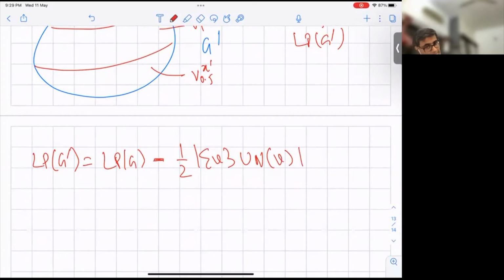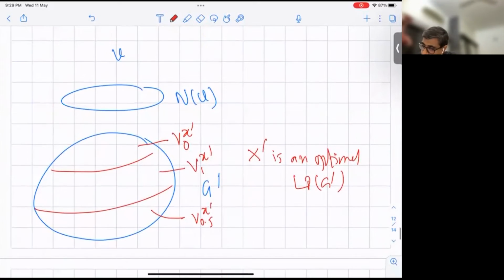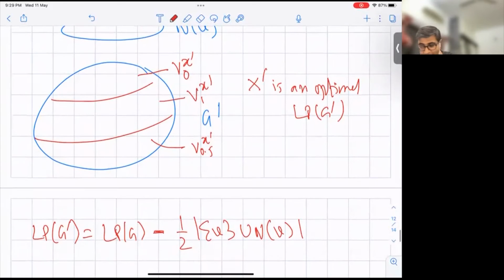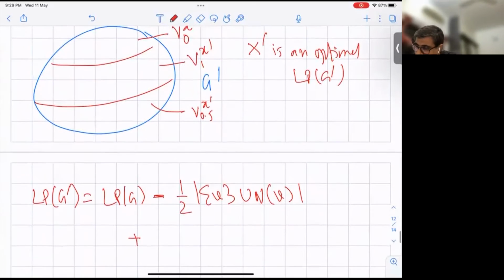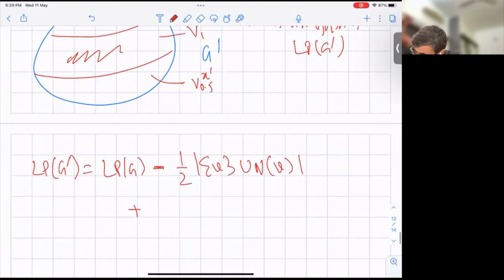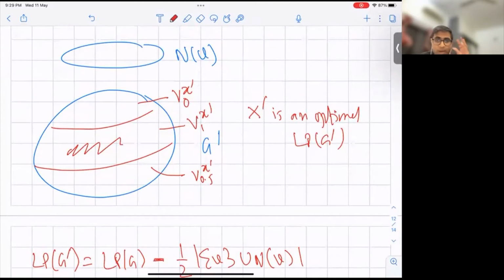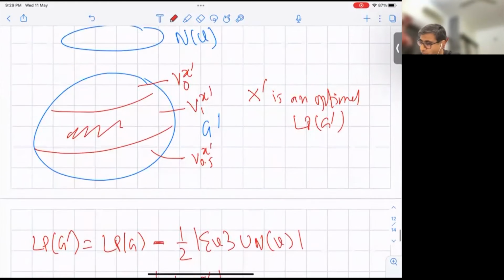Is that fine? Now what happens? Everybody had got half. But now you are going to add plus half for V1 of X prime, which were initially assigned half and have now been assigned 1, so the value has increased. But what happened to V0 of X prime? With respect to G they were assigned half, but now they have been assigned 0, so you subtract.